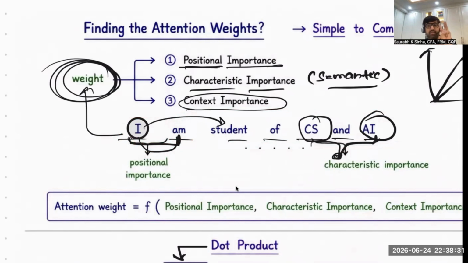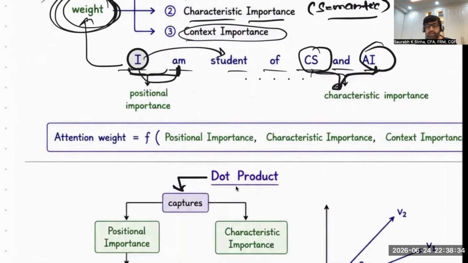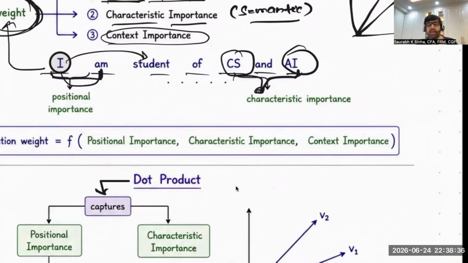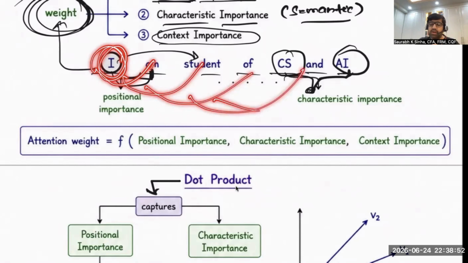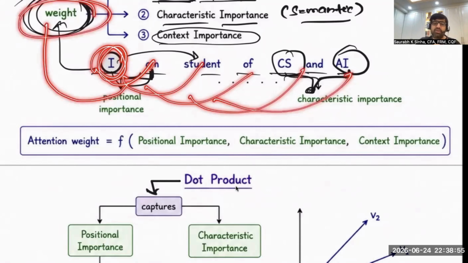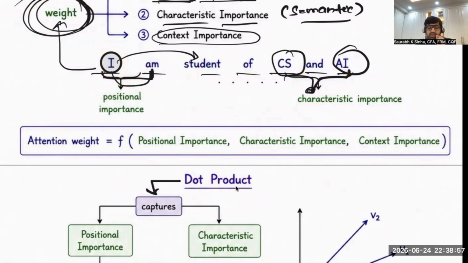So this weight should have three pieces of information: positional importance, characteristics importance, and context importance. When I say importance, I want to highlight, for the query vector, what is important. What is important should be captured in this weight. So your attention score should have these three pieces of information.